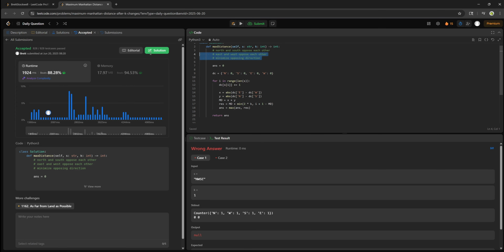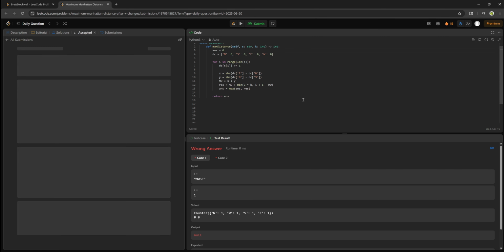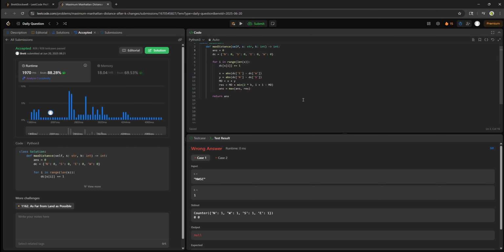And we can just... this seems more readable to me. Still not easy to understand. Initialize the count, which keeps track of direction count.